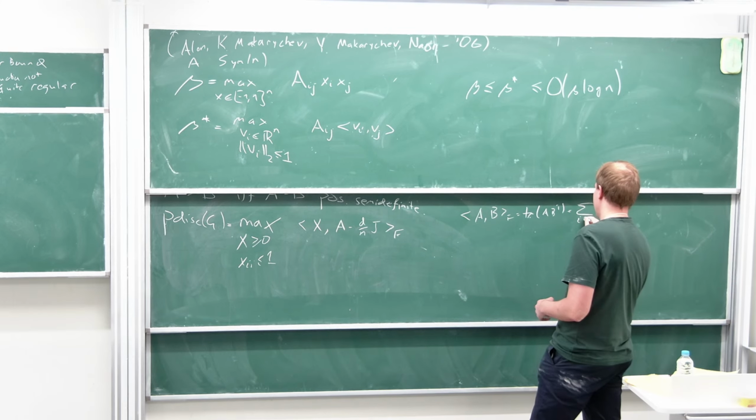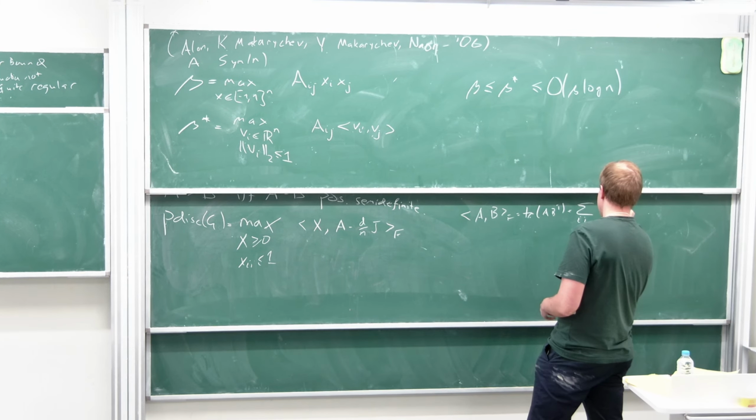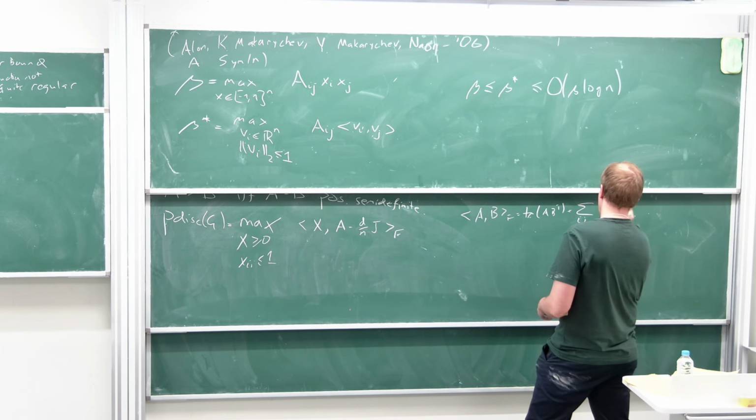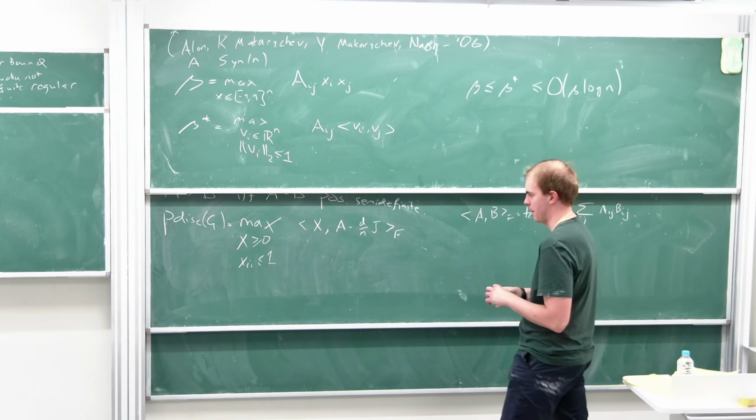So it's the sum of A_ij B_ij. We multiply the entries and sum them up.